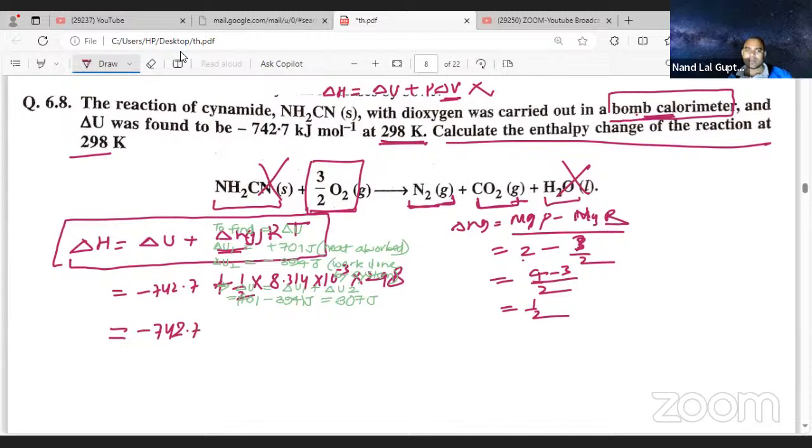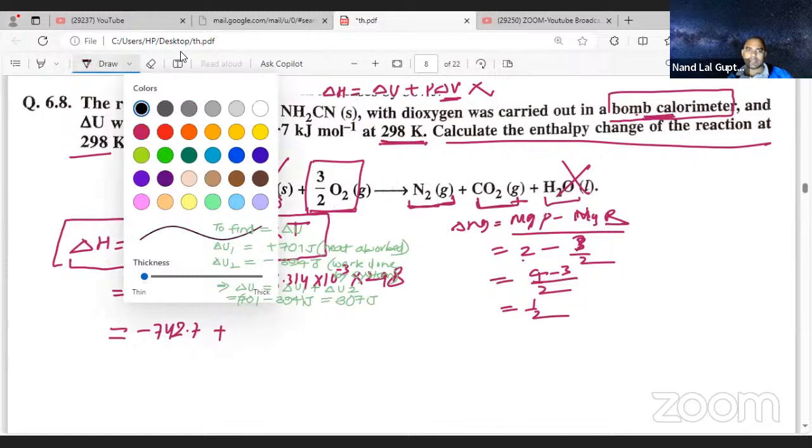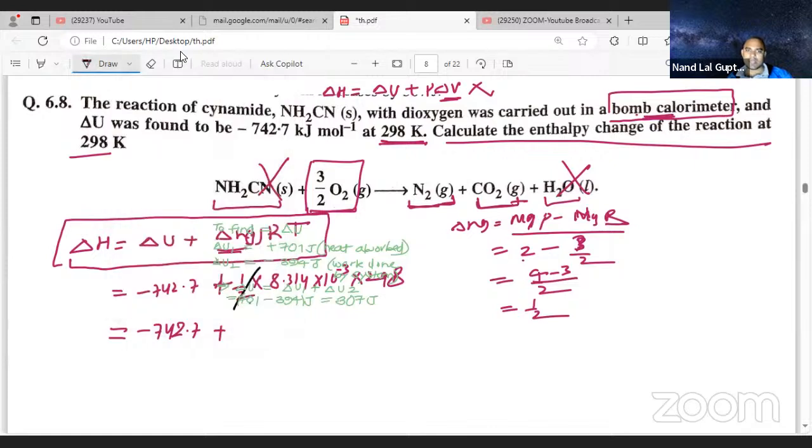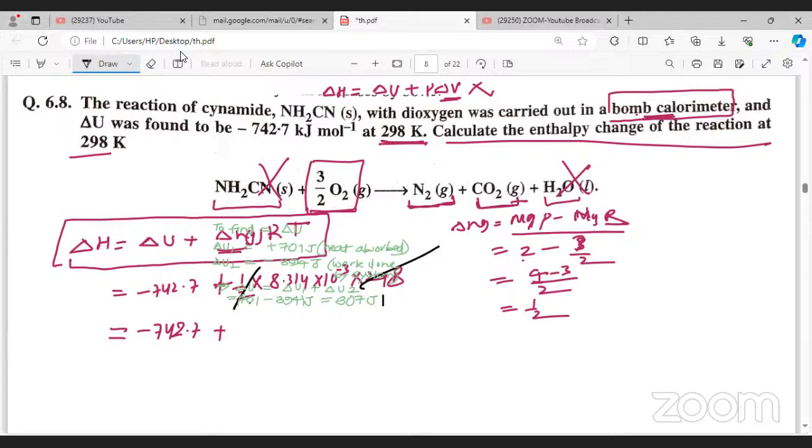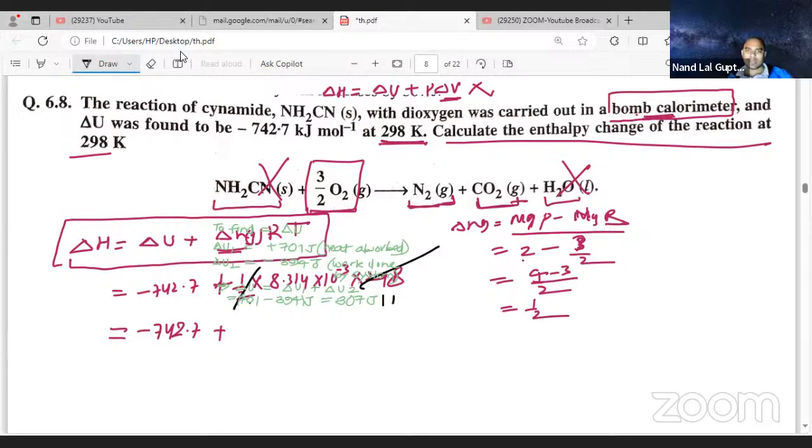742.7. Then if you are dividing this, you can easily divide this value. This 2 will get divided, so 149 it will come. So here is 8.314 multiplied by 149 divided by 1000. Can you see this one?